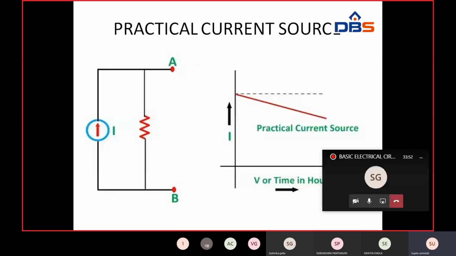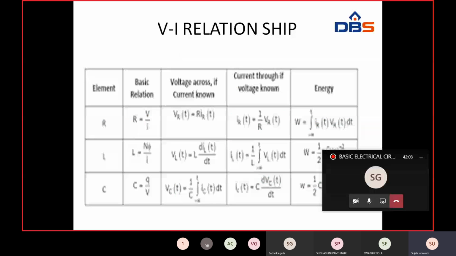Under this, what is the voltage and current relationship? The voltage relationship of the resistor is V is equal to I into R, and the current relationship of the resistor is I is equal to V by R.